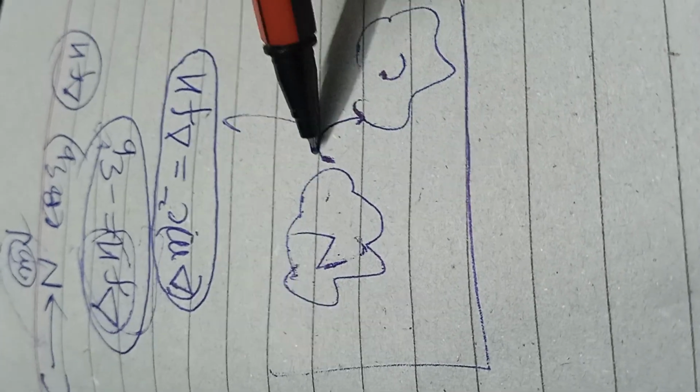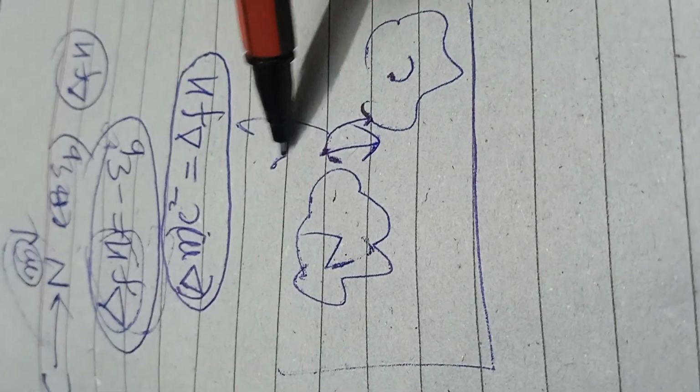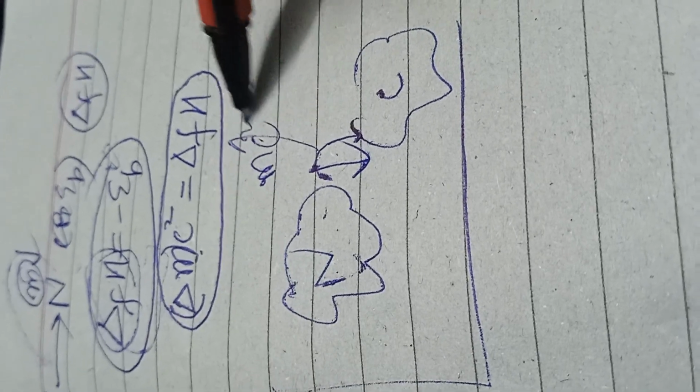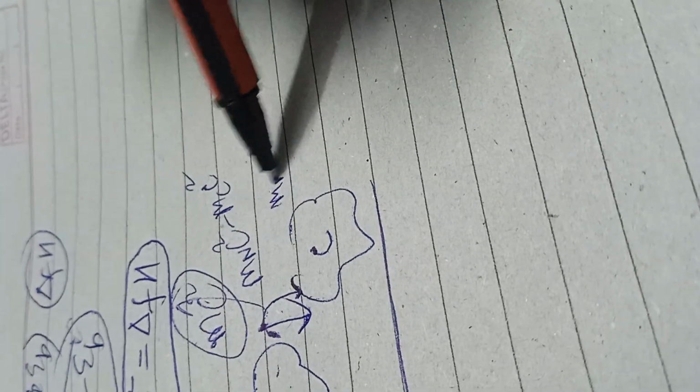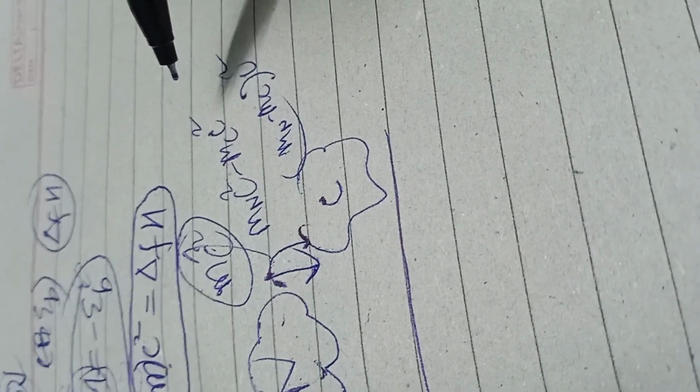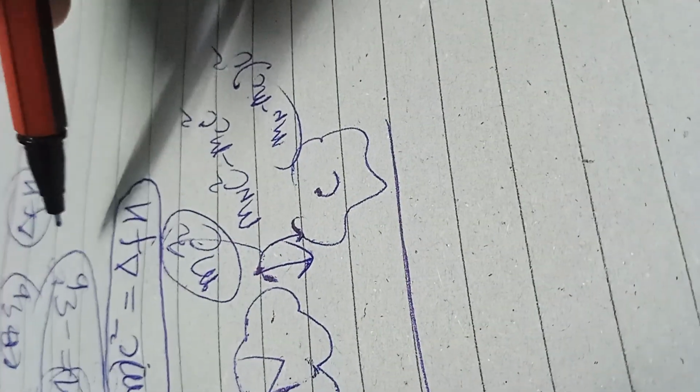Let the energy content here be m c square. So mn c square minus mc c square, (mn minus mc) into c square. This is delta FH.